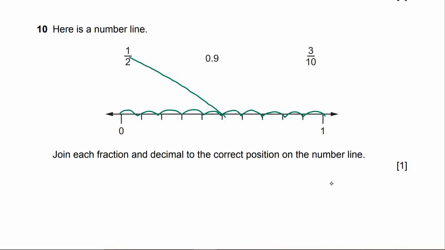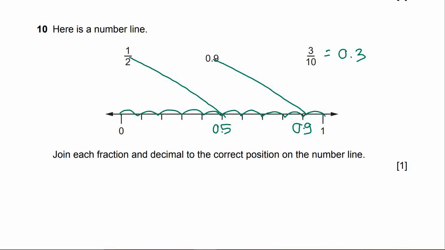This position. Half is 0.5. 0.6, 0.7, 0.8, 0.9. So 0.9 will be here. And 3 by 10 is equal to 0.3.